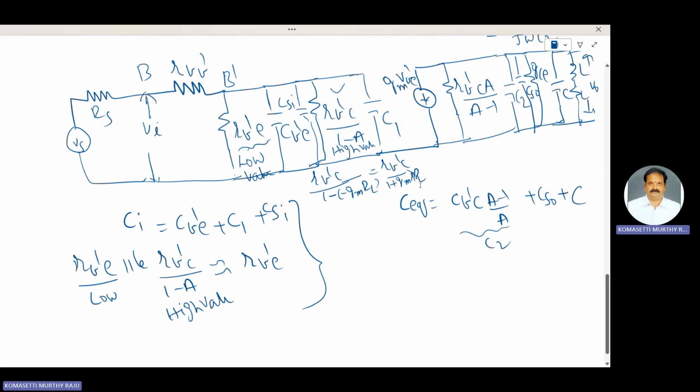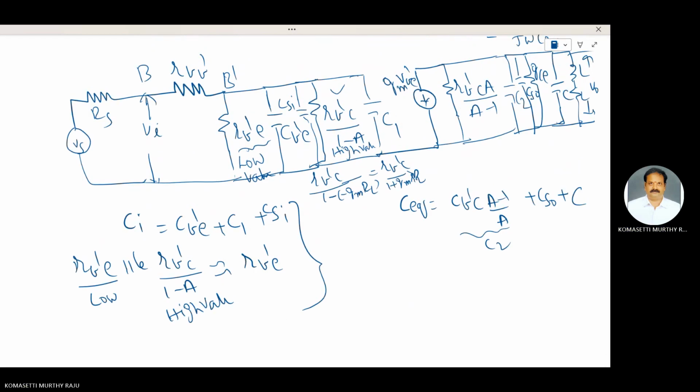Coming to the output side, GCE is there. According to the derivations of the hybrid pi equivalent circuit, GCE is equal to 1 by RCE. This one is conductance, equal to 1 by RCE.